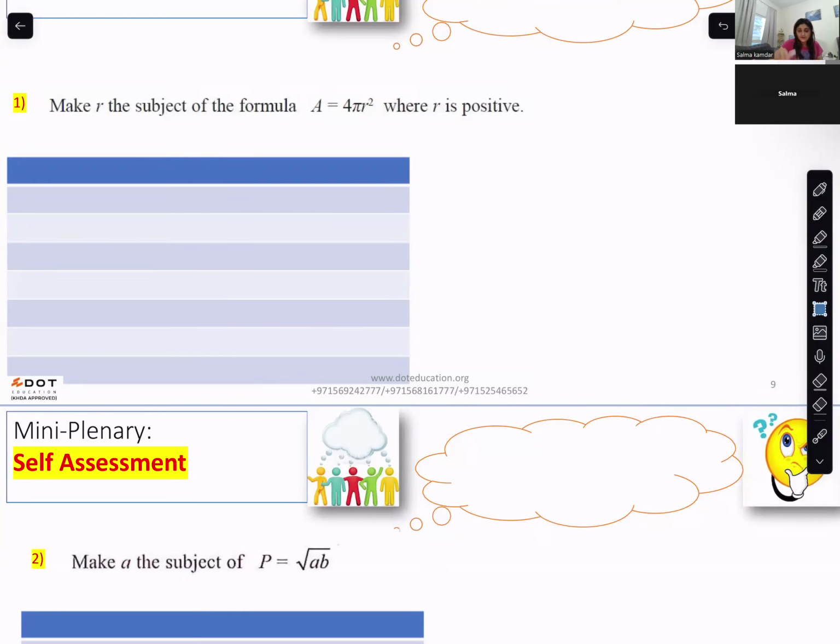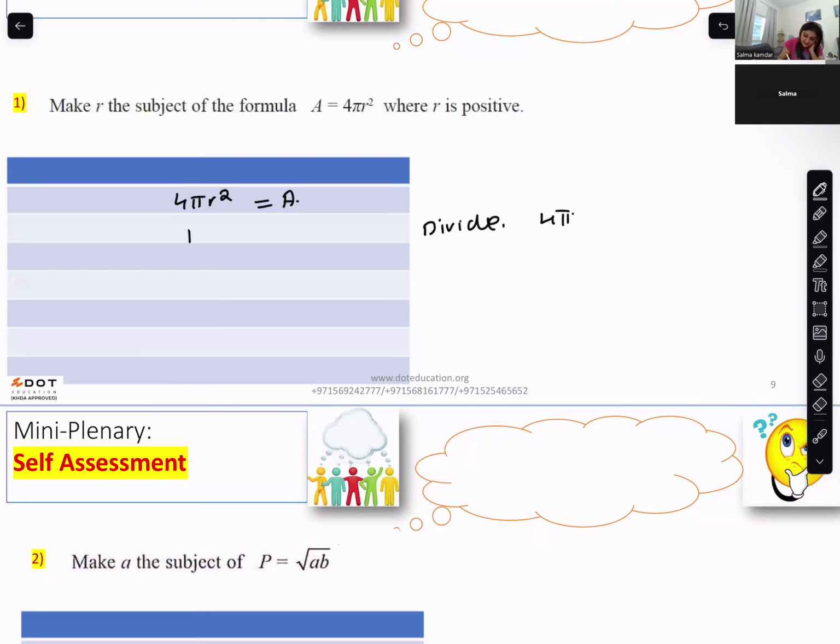Okay, so this was something that you all tried by yourself. You had to make R the subject. Since you had to make R the subject, you first write the things as it is. So you have 4 pi R square is equal to A. Then I'm going to divide both the sides by 4 pi.